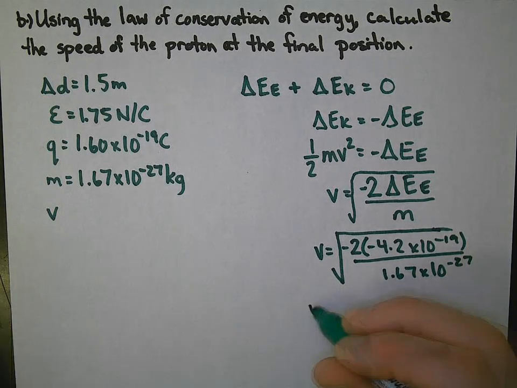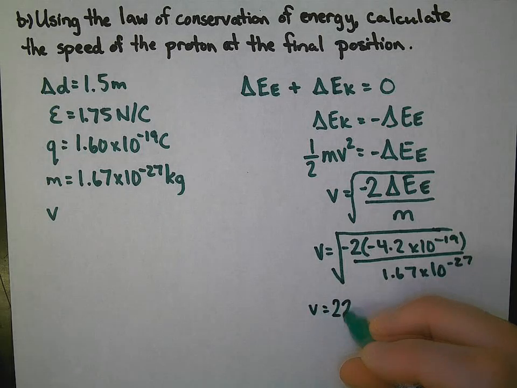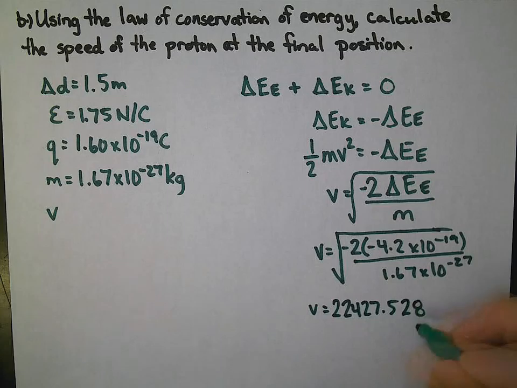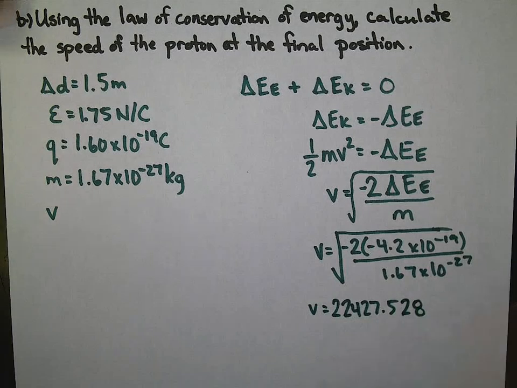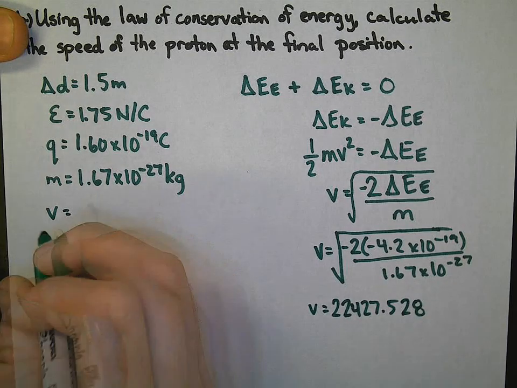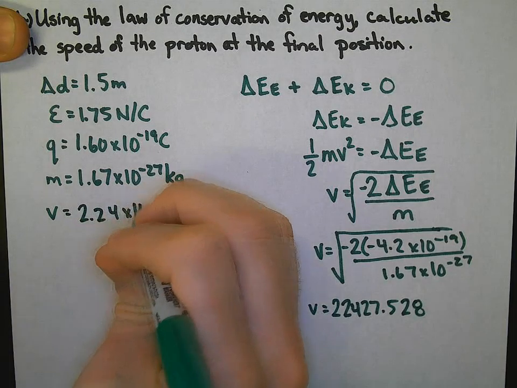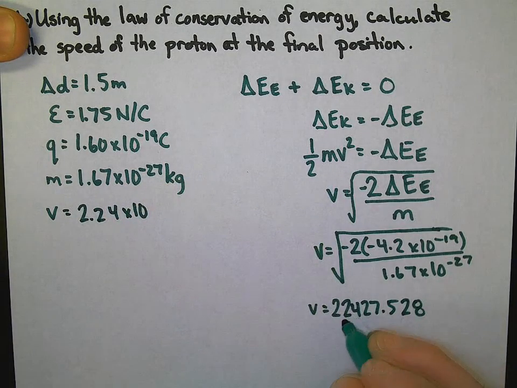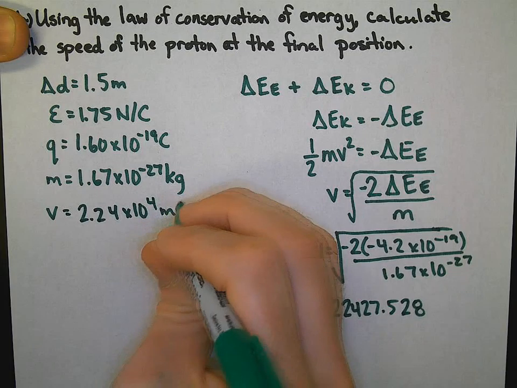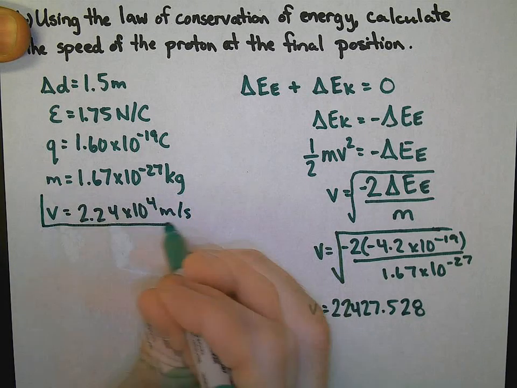And we get an answer, 22,427.528. And again, 3 significant digits in this case. So our proton has accelerated to a speed from rest of 2.24 times 10 to the 4 meters per second at the final position.